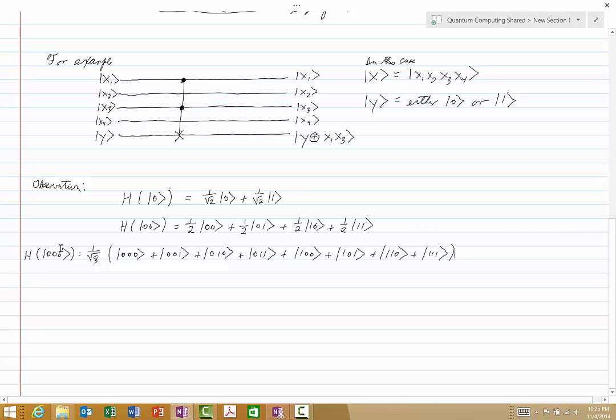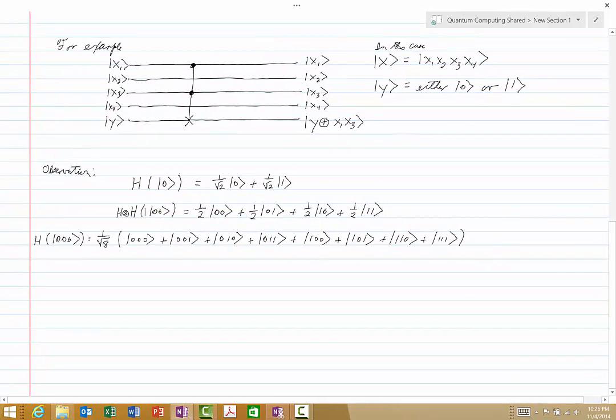Now keep in mind what we're talking about. Let me make sure this is clear. When I say H operating on 0, that's clear. But here, actually, what I should say is H tensor H, so that you understand that we're going to apply H to the first qubit and also H to the second qubit.